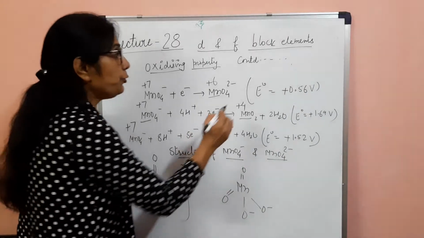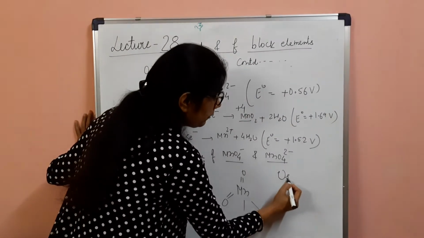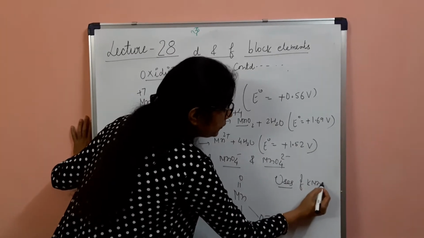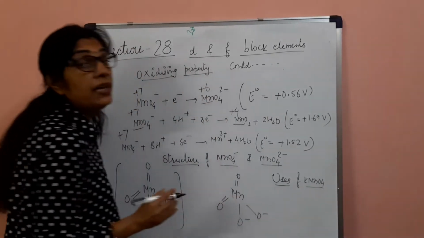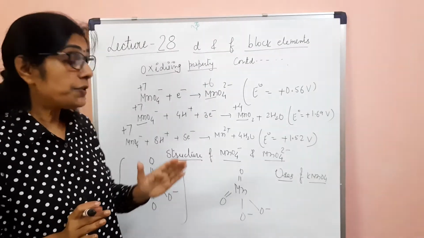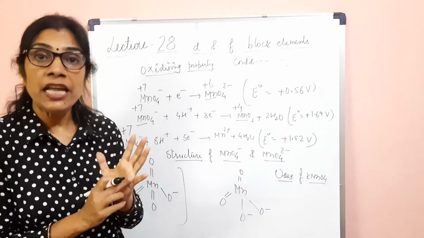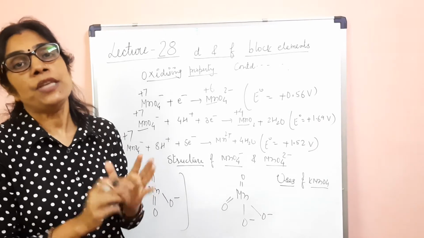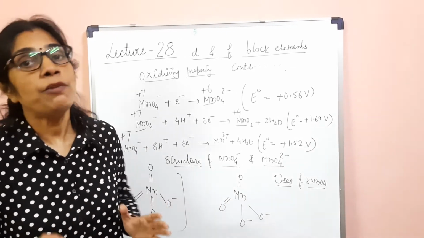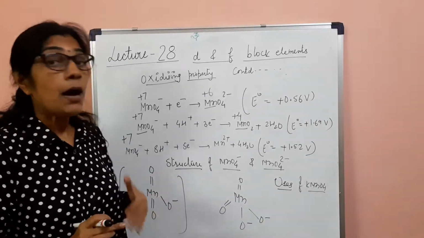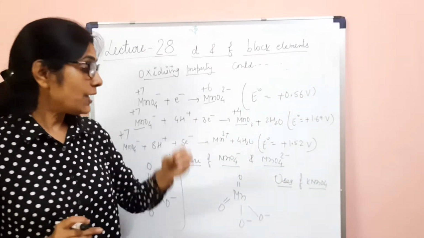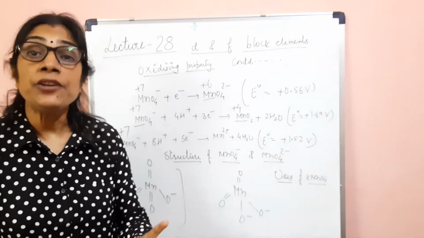Then what are the uses of potassium permanganate? It is used in analytical chemistry, that is salt analysis, qualitative analysis. It acts as a bleaching agent for bleaching wool, silk, textile fibers and so on. Apart from that, it is used in volumetric titrations, known as permanganometric titrations.